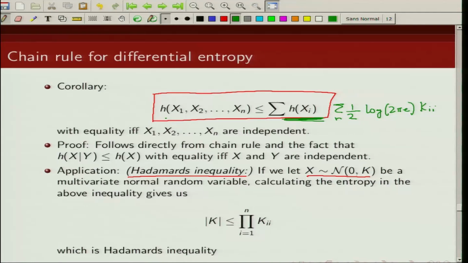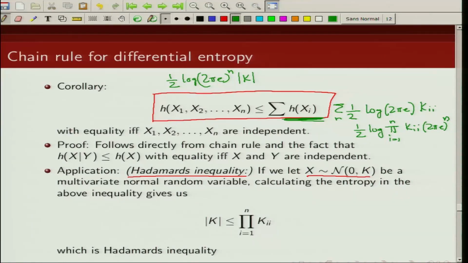Whereas this differential entropy is of the form half log of (2 pi e) raised to power n times the determinant of K. And this we can write as a summation of logs, which can be written as half log of the product from i equal to 1 to n of Kii, and you have this (2 pi e) raised to power n term here.